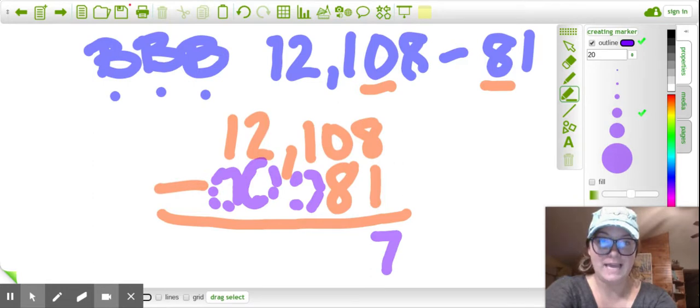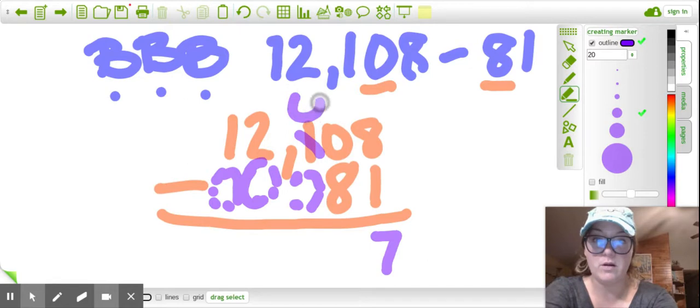0 minus 8. Remembering that B rule. Is the bottom bigger? Yes, it is. Do we have to borrow? Yes, we do. So we're going to go next door and borrow some more. I'm going to cross off this 1, and we're going to take 1 away. So that 1 will become 0.